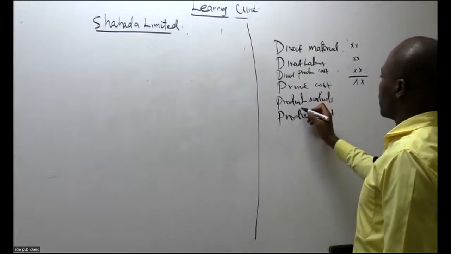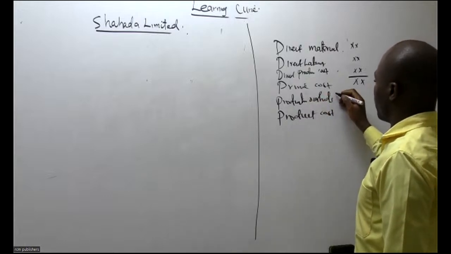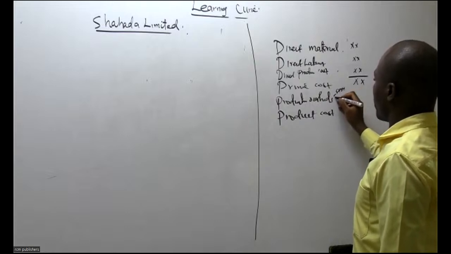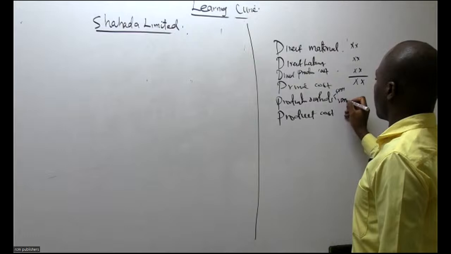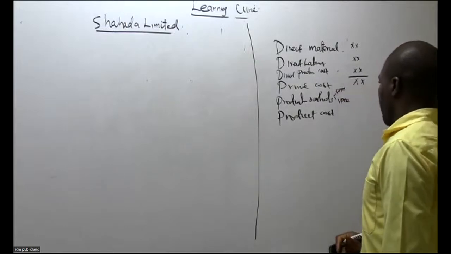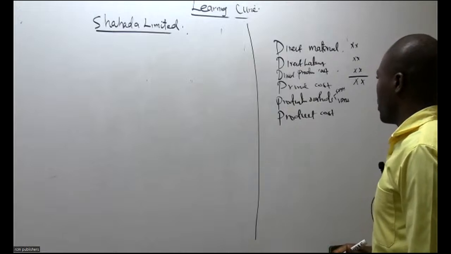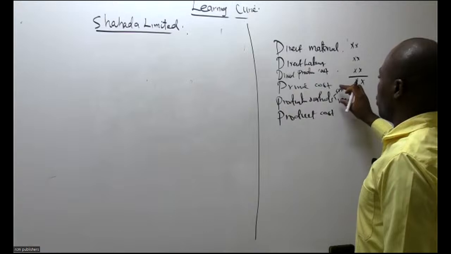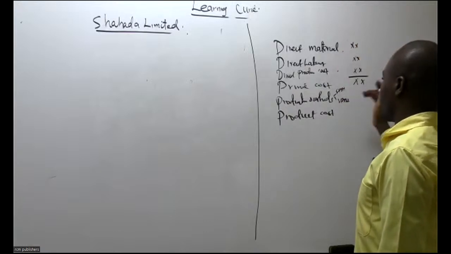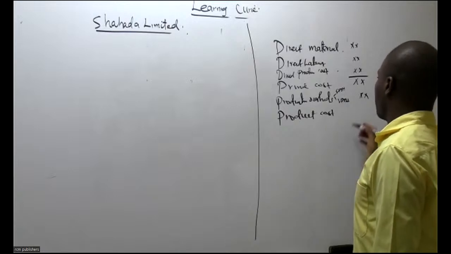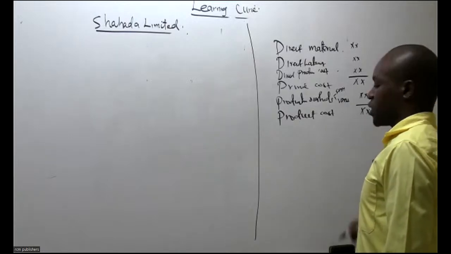After getting prime cost, we add production overheads, which we know very well. We have fixed production overhead and variable production overhead. We are going to do more of this specification when we get to transfer pricing, where you're going to look at marginal and absorption costing. Here, we bring all of them together and get product cost.